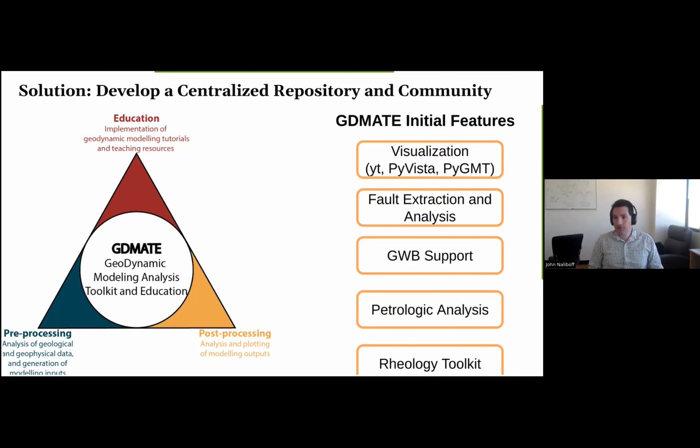Some of the initial features we proposed adding include visualization tools we've worked on, using codes like yt, which is something Chris Havlin and Matt Turk have used, PyVista, and PyGMT, fault extraction analysis tools, support for writing Geodynamic WorldBuilder files, petrologic analysis, and then rheology toolkits.